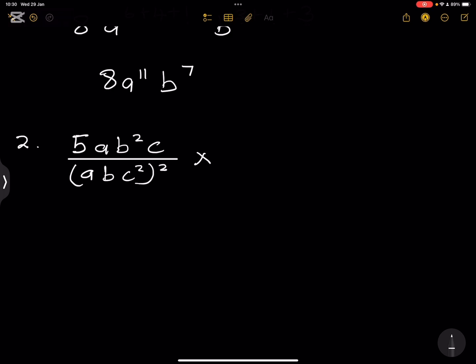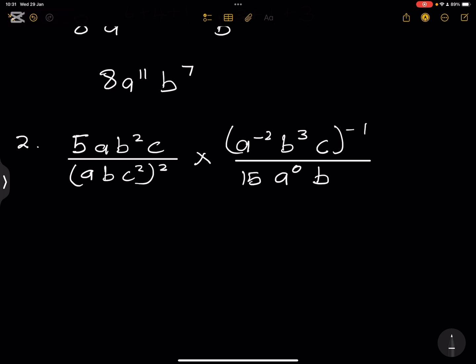This is multiplied by minus 2 b cubed c raised to the exponent of 1, and this is divided by 15 a to the power of 0 and b to the power of 4.